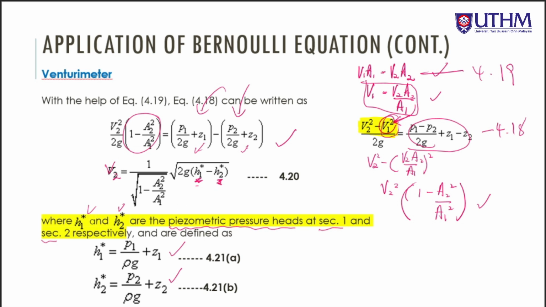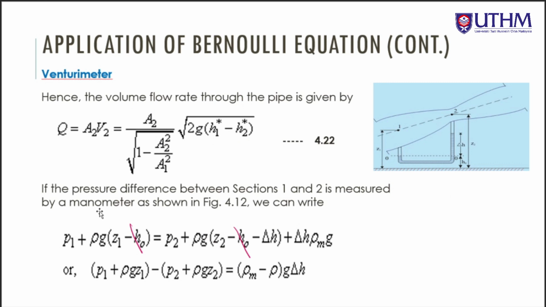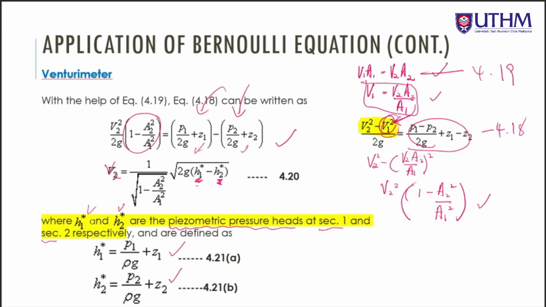Okay, so next, hence the volume flow rate through pipes can be given as, sebab kita tahu kan Q sama dengan AV. Okay, kalau kita tengok dekat sini kita dah dapat V2 kan. So nak dapat Q sama dengan A2V2 lah kan. So kita darab A2 dekat sini.